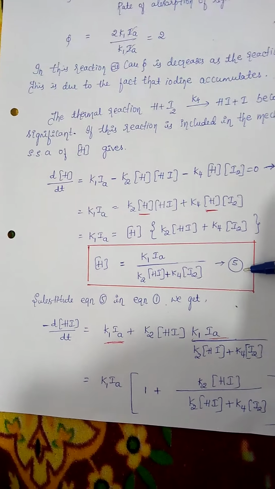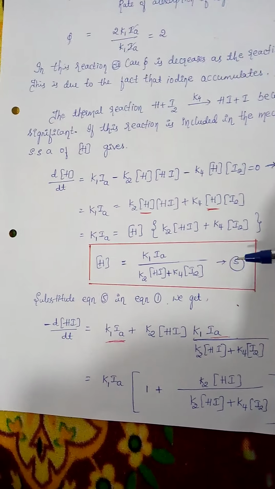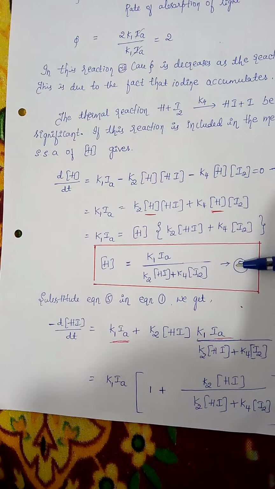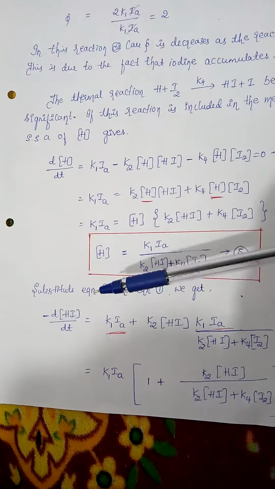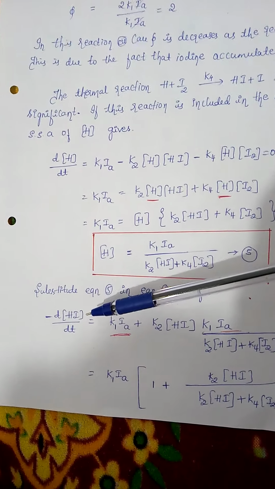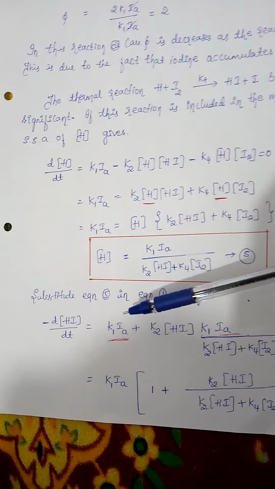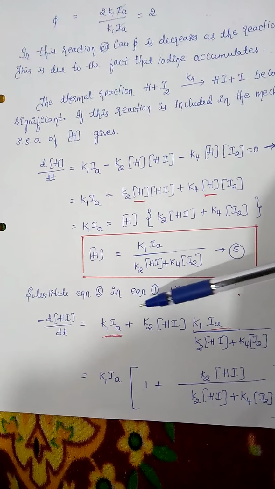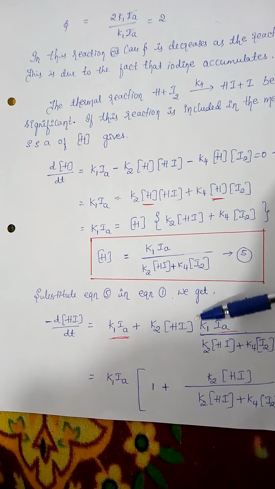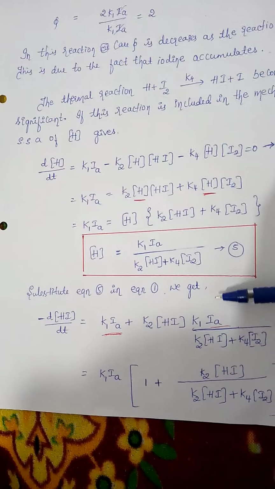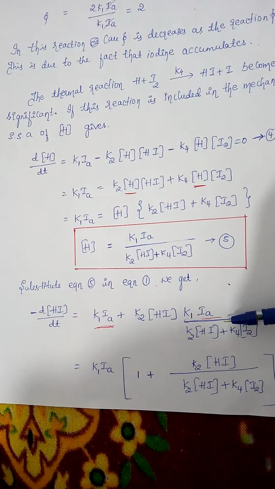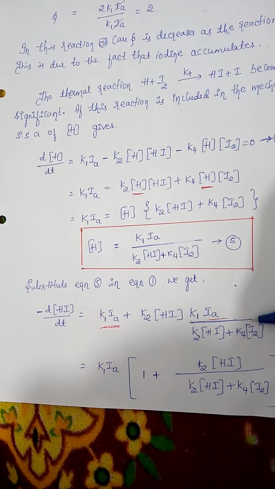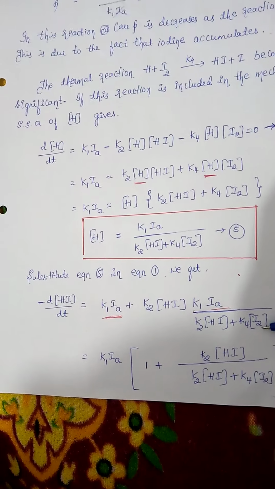This is called equation 5. If you substitute equation 5 in equation 1, now it becomes minus d[HI]/dt is equal to K1Ia plus K2 [HI] into K1Ia by K2 [HI] plus K4 [I2].